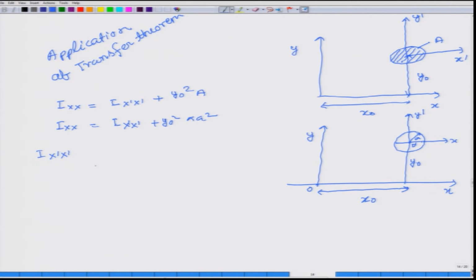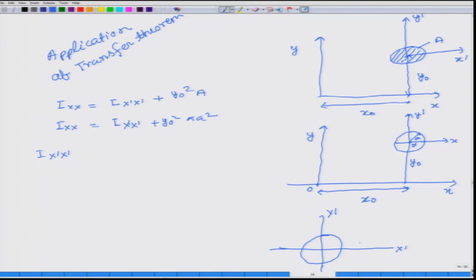So, what is the Ix'x'? This we can find out in this way. Suppose we have a circle, right, this is x prime, y prime. We want to find out the moment of this circular area with respect to x prime, y prime axis.